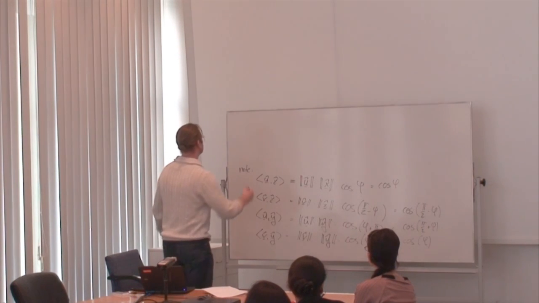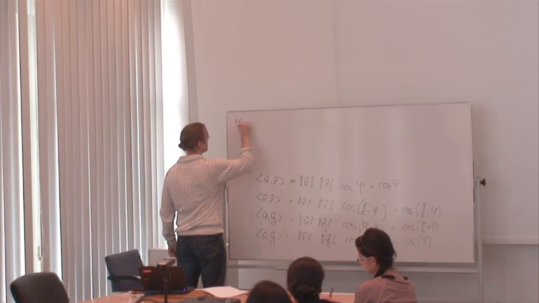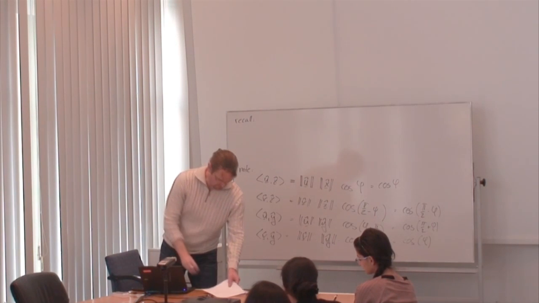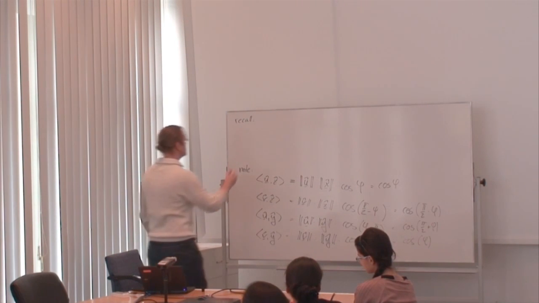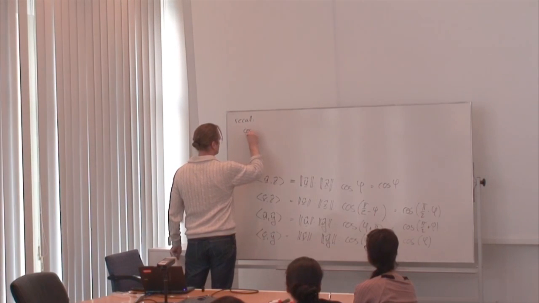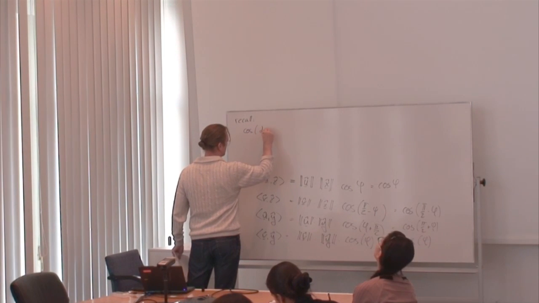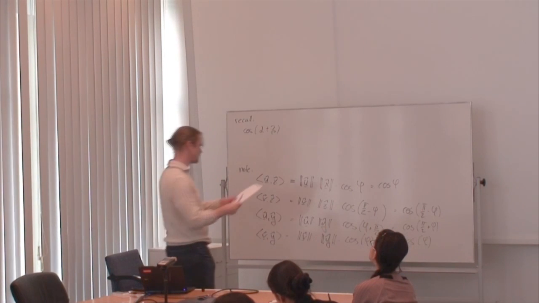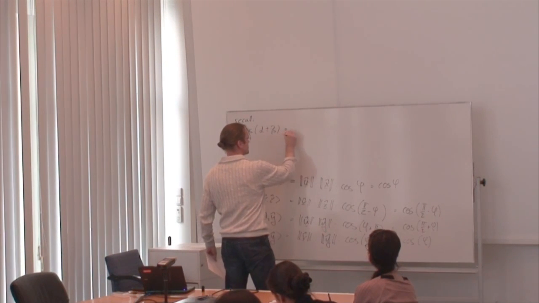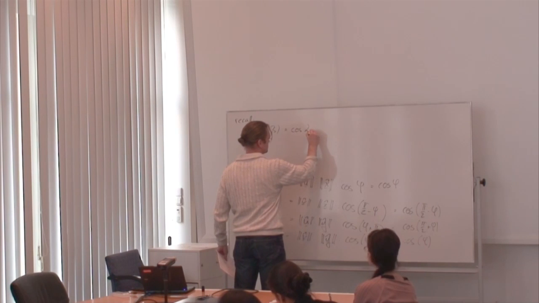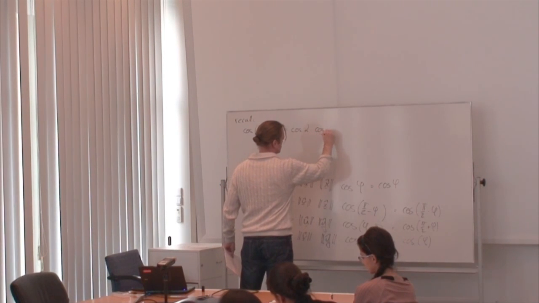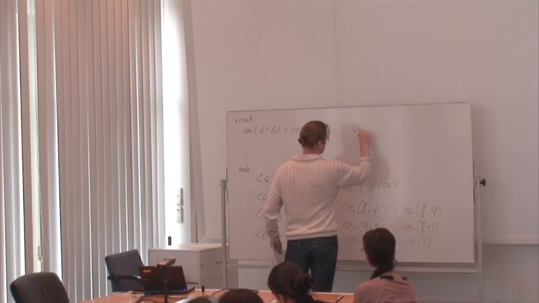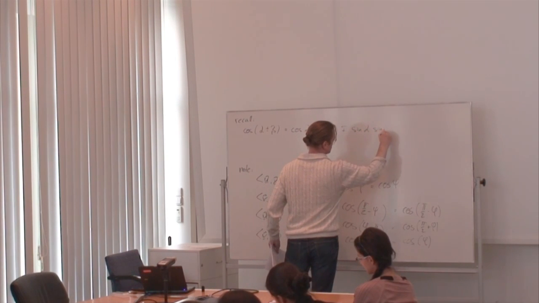Why is that? Because we recall one of the addition theorems of cosine and sine. In particular, if we have cosine of some alpha plus or minus some beta, this is the same as cosine alpha times cosine beta, minus or plus sine alpha sine beta.